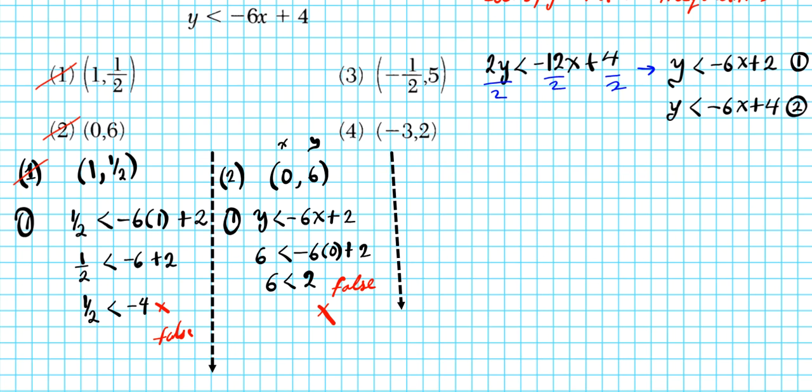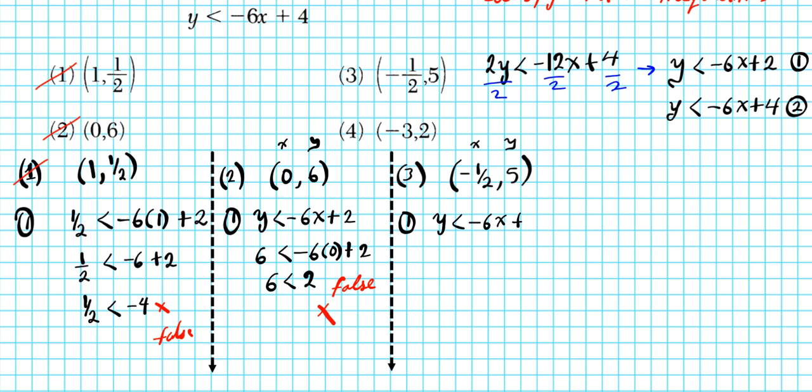So let's jump to option number 3. Let's see if this one works. For option 3, we have the coordinate pair negative 1/2 and 5. This is my x and this is my y. We're going to plug it into the first inequality, y is less than negative 6x plus 2.